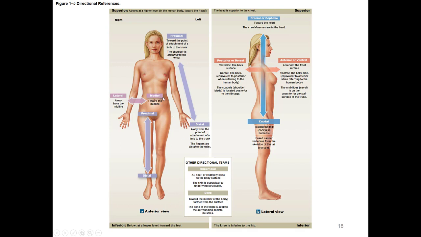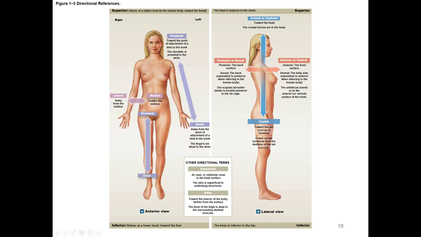Medial is toward the midline. So if you imagine an imaginary line going straight through the middle of the body, that would be the midline. So medial would be toward the midline. Lateral means away from the midline. So out to the side, away from the midline.